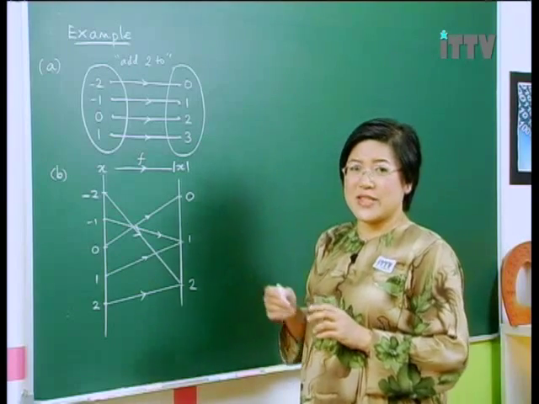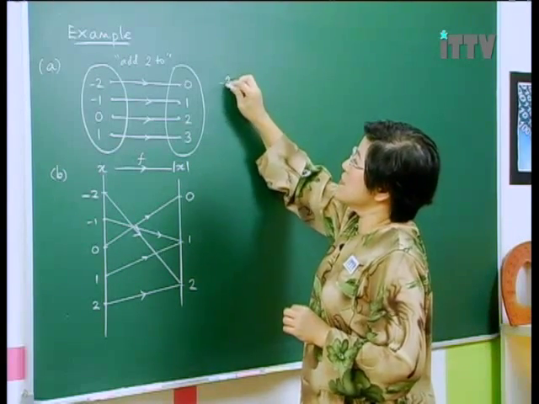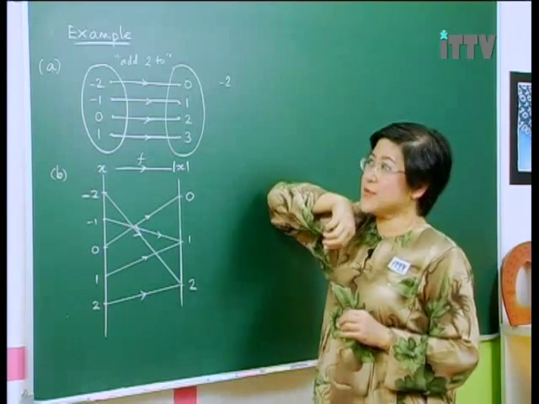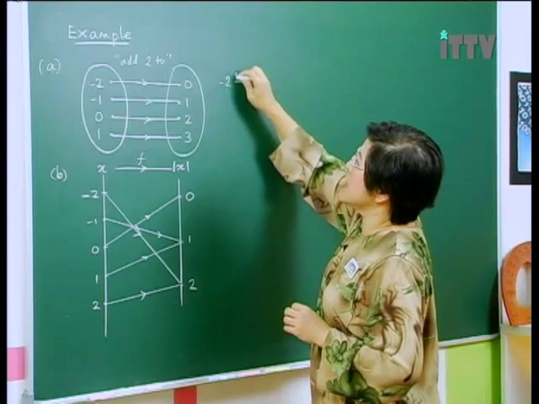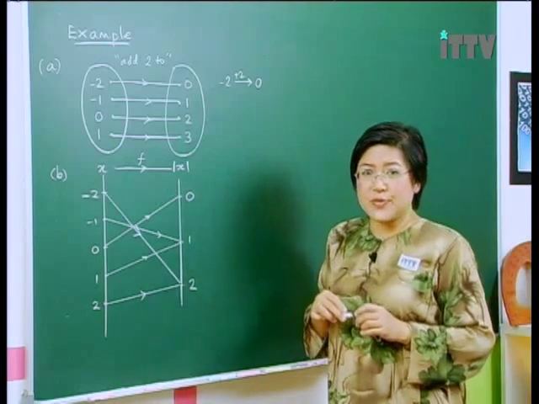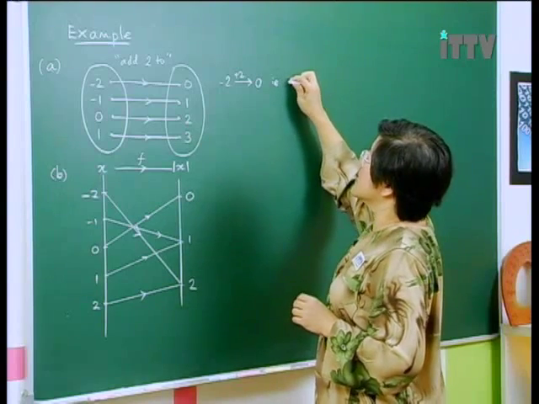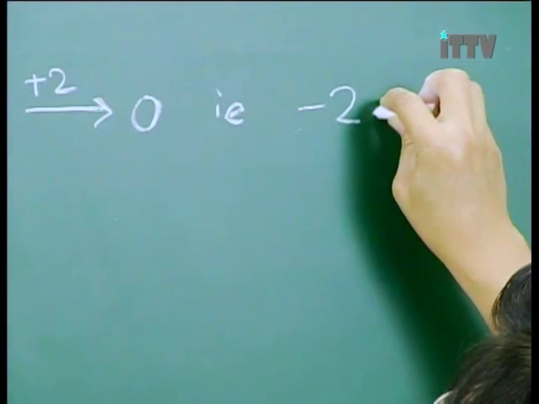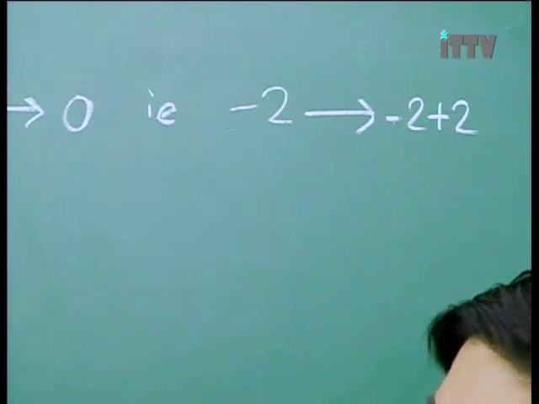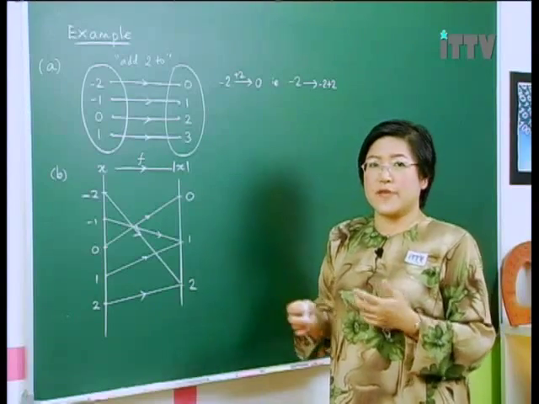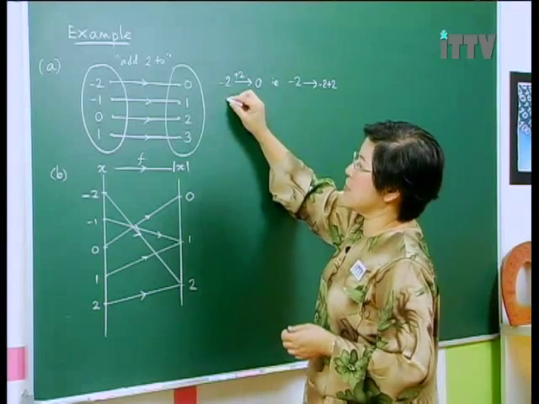So let's go into detail now with each object. For example, the object -2 becomes the image of 0 through the relation of adding 2. That means to say, we could take -2 and map it onto -2 plus 2. Similarly, if we try it for another object as an example, let's say we try it for the value of 1.